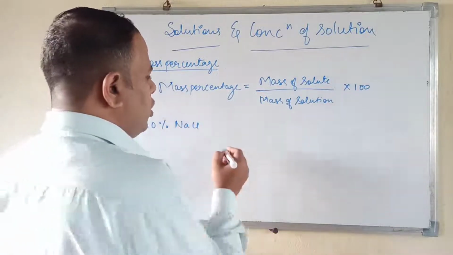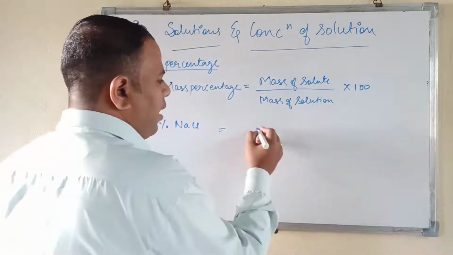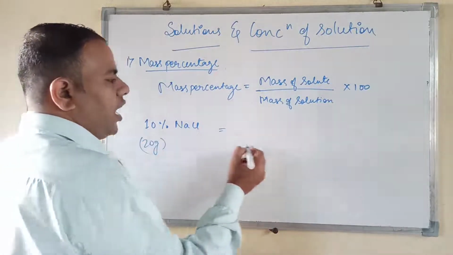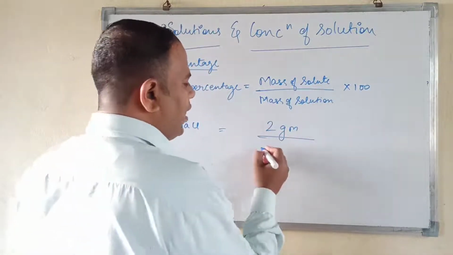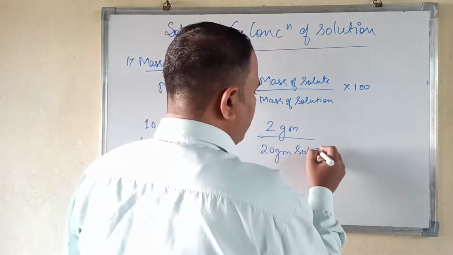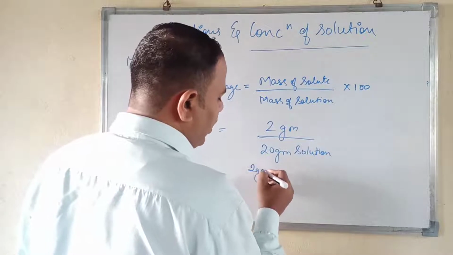Suppose I have to prepare a 10% NaCl solution. I have to prepare 20 grams of it, so I am going to take 2 grams of solute, NaCl, and there will be 20 grams of solution. Now how is this 20 grams?